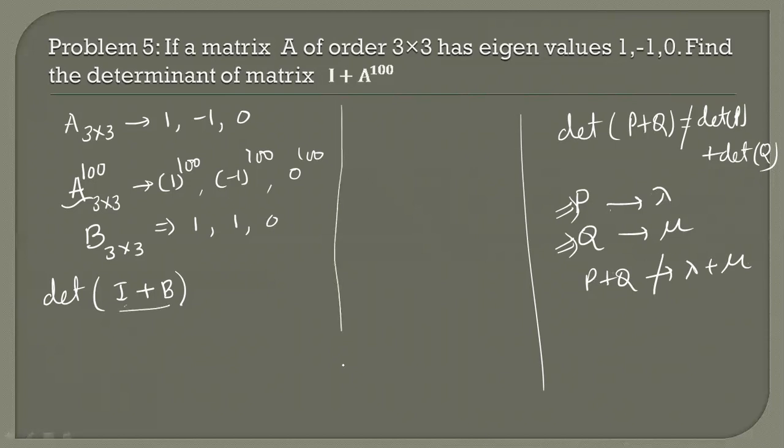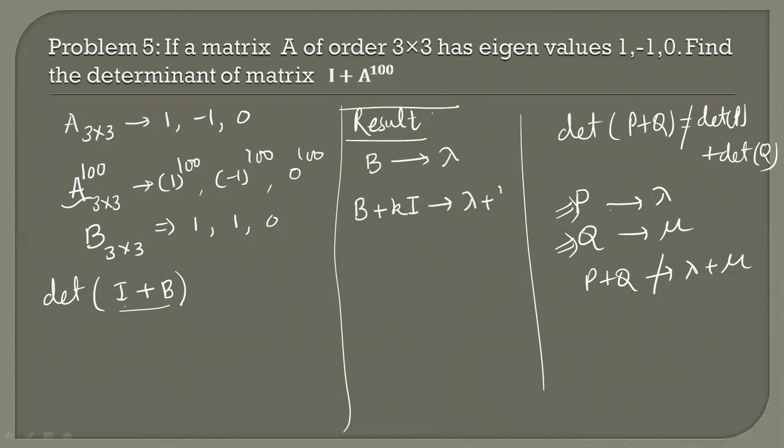Then what is the property? This is a very important result. I forgot to discuss it in the properties of eigenvalues, so remember here. If a matrix B has eigenvalue lambda, then matrix B plus kI has eigenvalue lambda plus k.